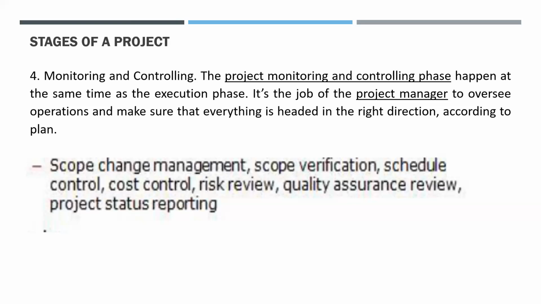And then integrated change control. So this is a process for controlling factors that create change. But this change makes sure that it is beneficial in determining whether a change has occurred and managing the approved changes. So you manage the change that should be made in a certain project or within the phase of the project.